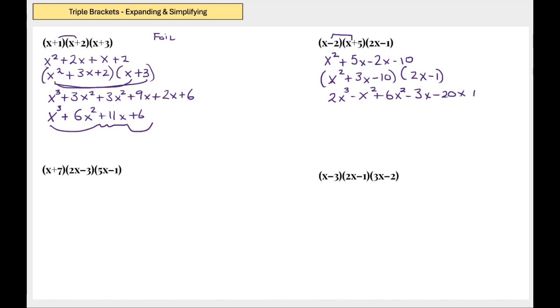That becomes a plus, because we times minus and minus. And then simplify it. So we've got 2x cubed plus 5x squared minus 23x plus 10.